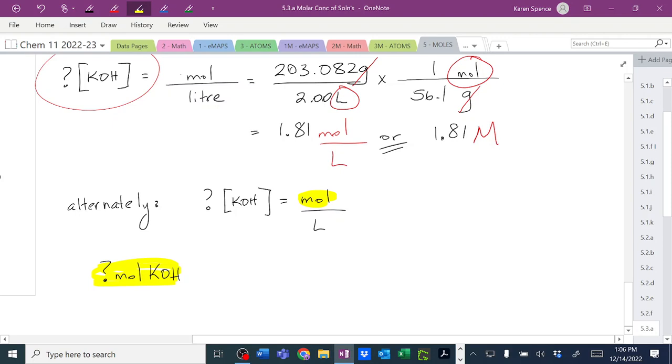Yeah? So I can do it in 2 steps basically. So I would say I am starting with, just like we did the other day, 203.082 grams of KOH times 1 mole per 56.1 grams. That's the molar mass.